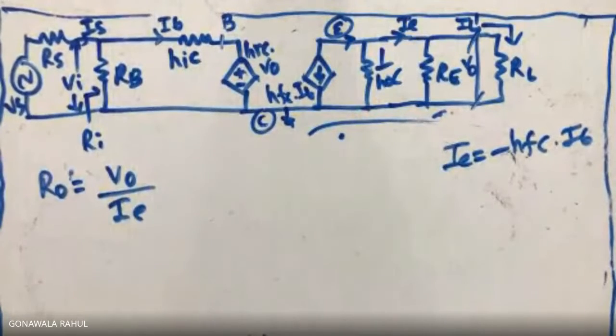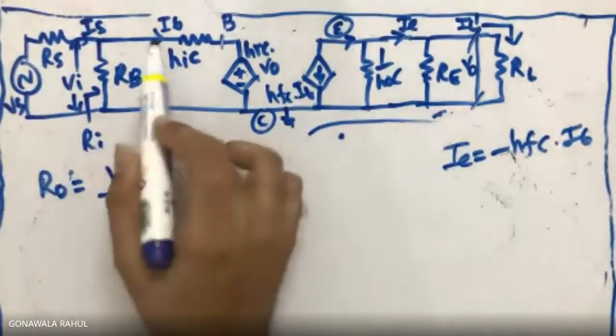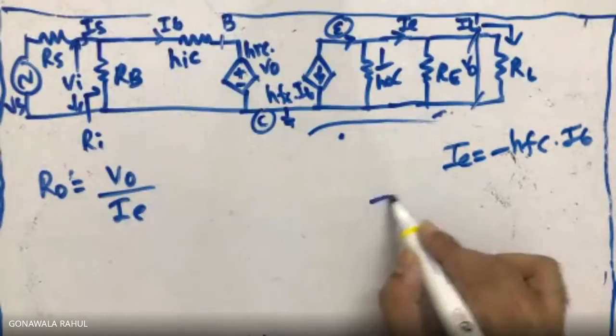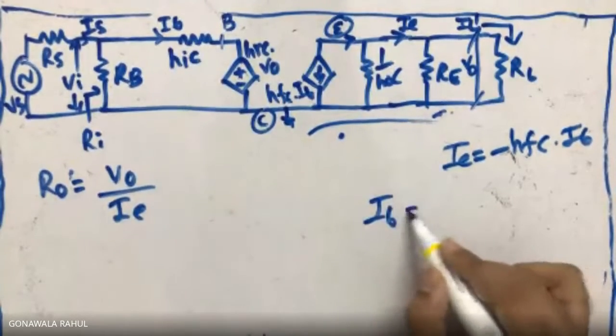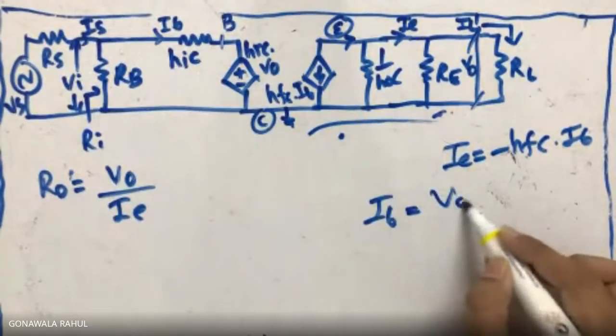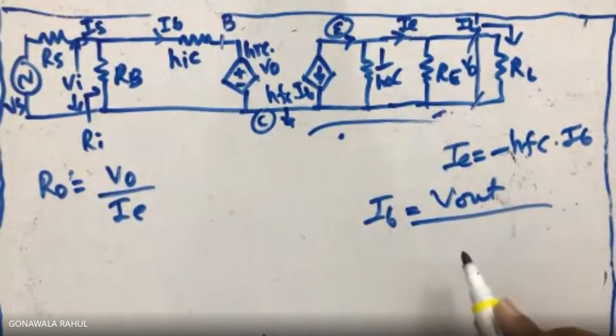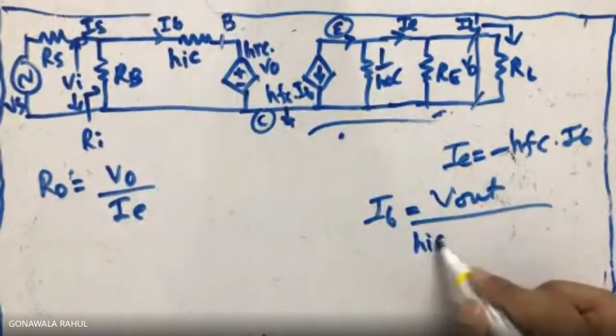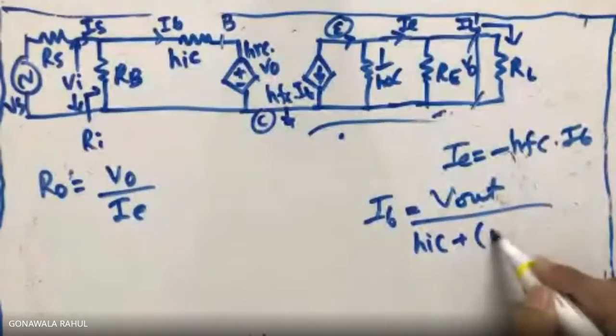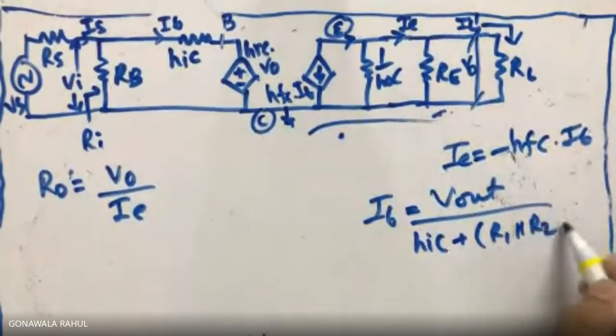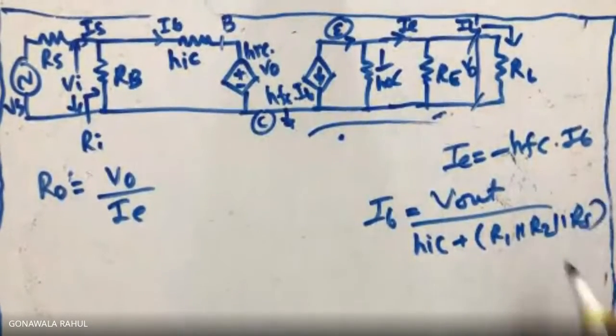To determine the output impedance at the emitter of the transistor, Vs, the signal voltage, is assumed to be 0, and therefore IB is equal to Vout by the total resistance, that will be HIC plus R1 parallel R2 parallel RS.